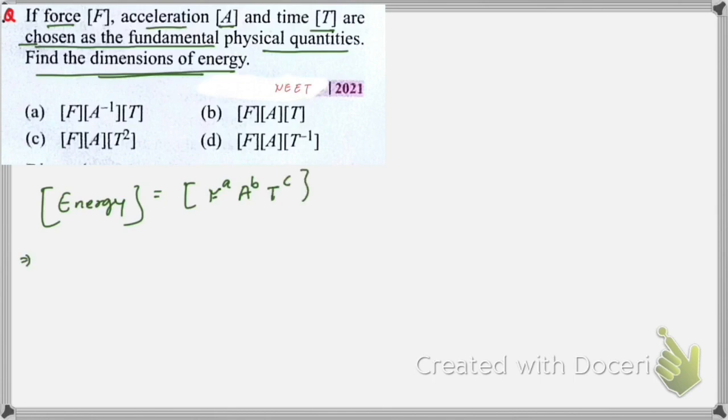Then the dimensional formula of energy, which I have already shown earlier, is M L square T to the power minus 2.